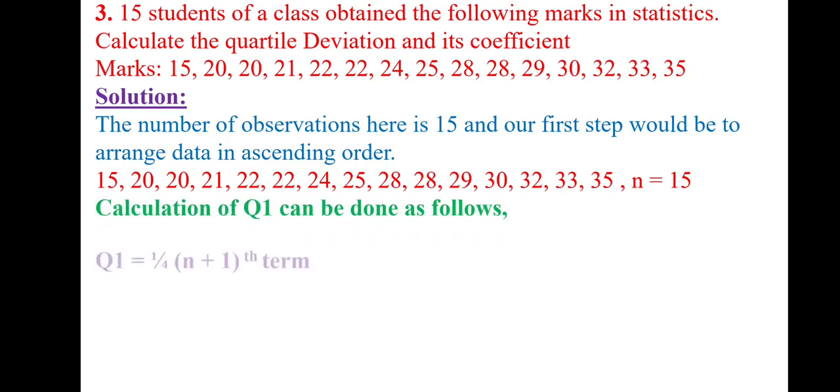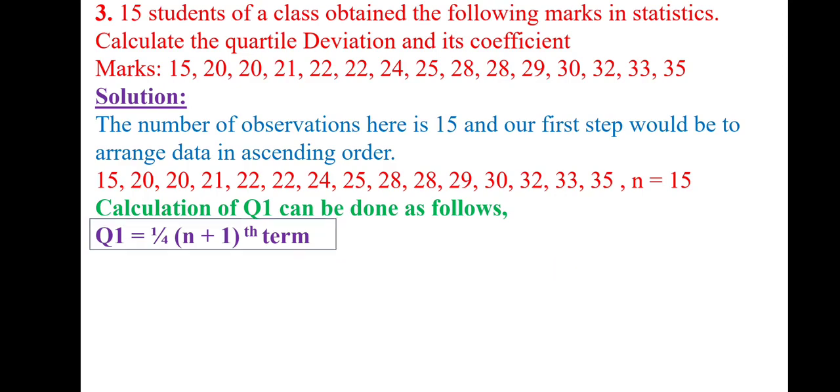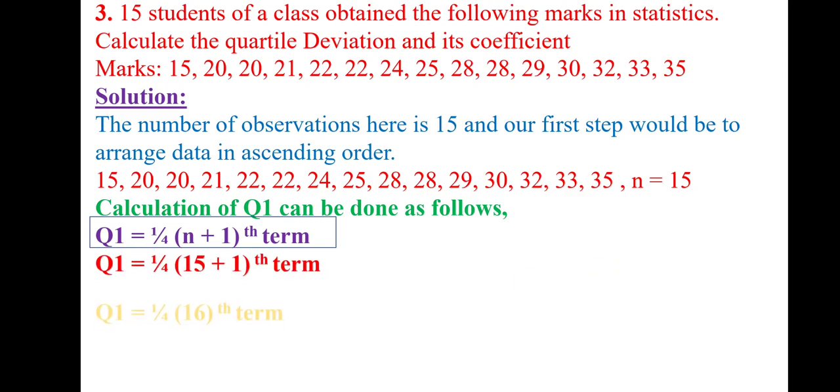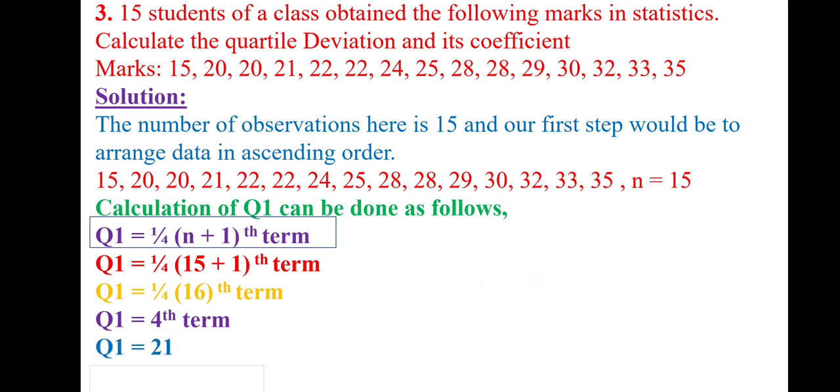So we follow the odd number formula, 1/4 of (n plus 1) term. 1/4 of 15 plus 1, that is 16, gives the 4th term. The 4th term here is 21. So Q1 is 21.